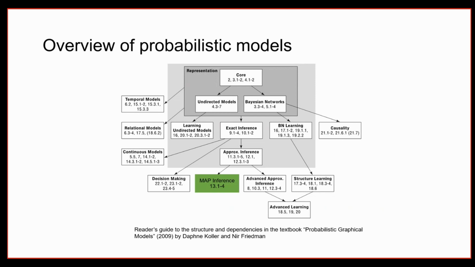But today's talk will only be focusing on the inference part. This is from a book called Probabilistic Graphical Models, which came out in 2009 by Daphne Koller and Nir Friedman. It is by now a very standard textbook for teaching courses on probabilistic graphical models, and I think it has more than 10,000 citations by now.